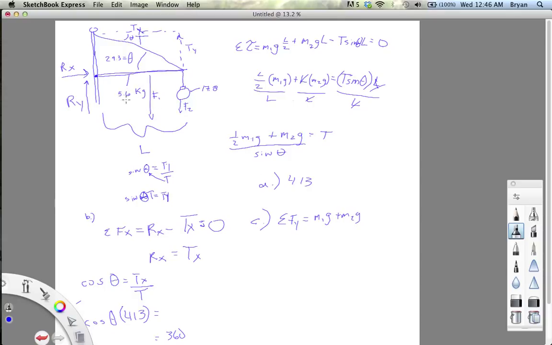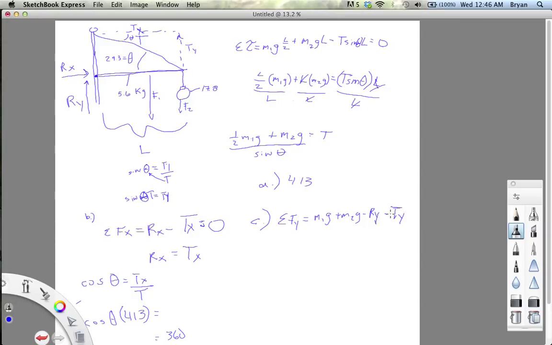Remember, M1G, this guy, 5.6 kgs, pointing down, this guy, force 2, pulling down, and then we look at the forces going up, which are minus Ry, right there, and minus Ty.